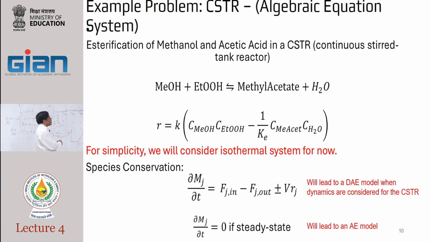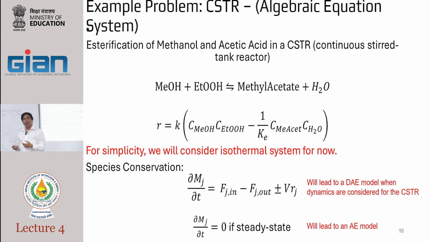So let's think about it. This is a reaction taking place between methanol and acetic acid. For simplicity, we'll consider isothermal systems. If I consider a species conservation equation, I can simply write it for a CSTR: F in, F out, plus or minus the reaction rate.